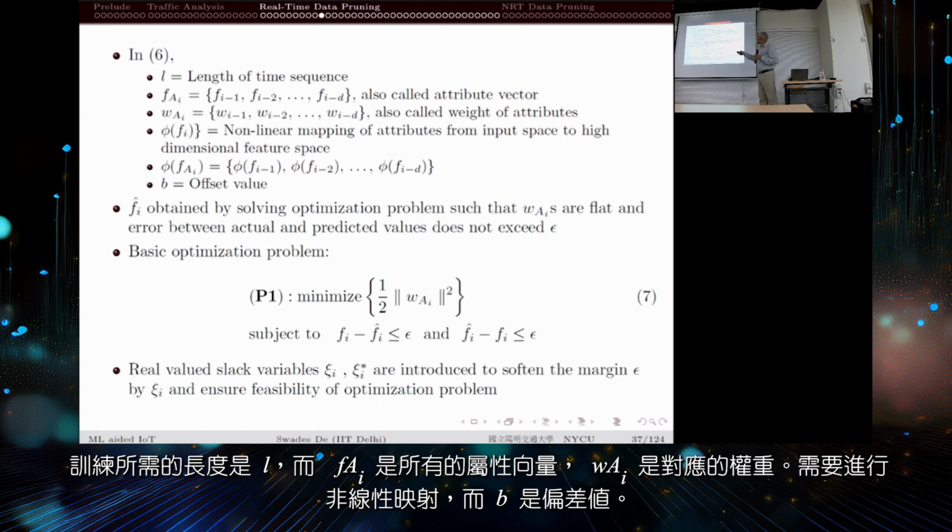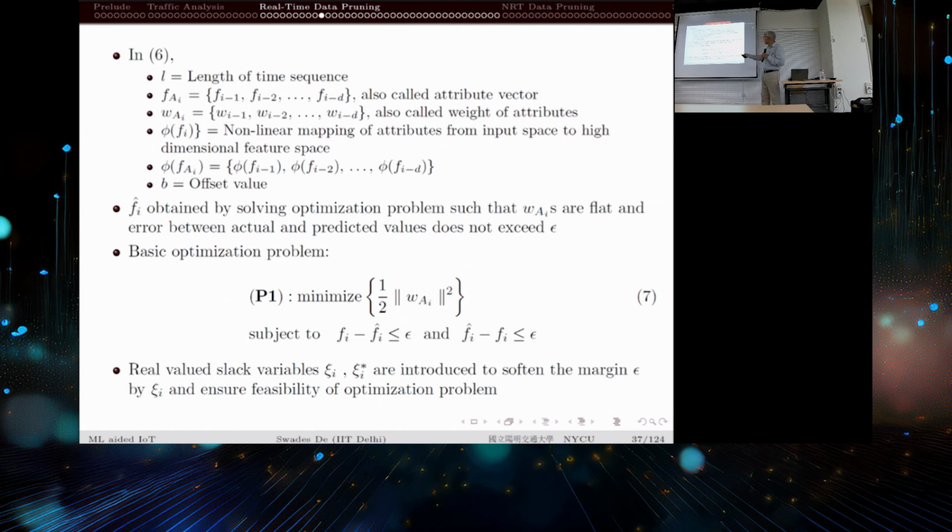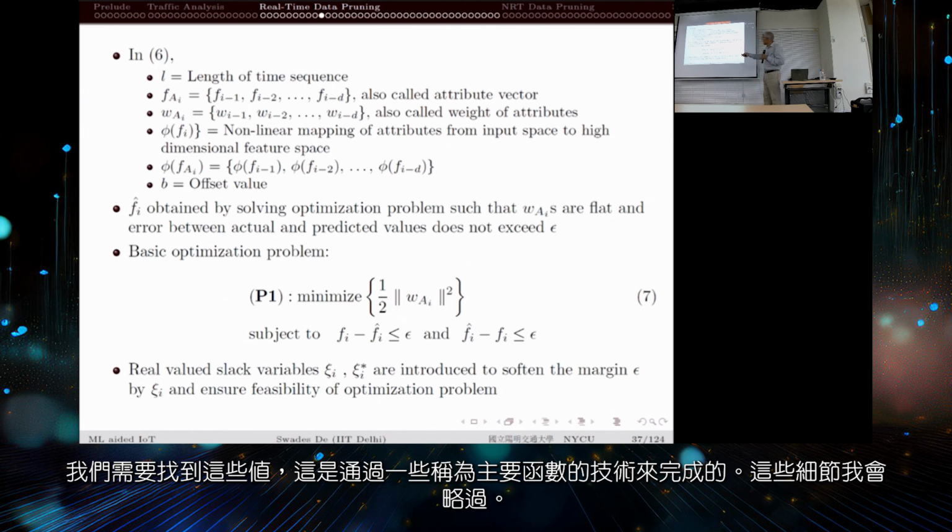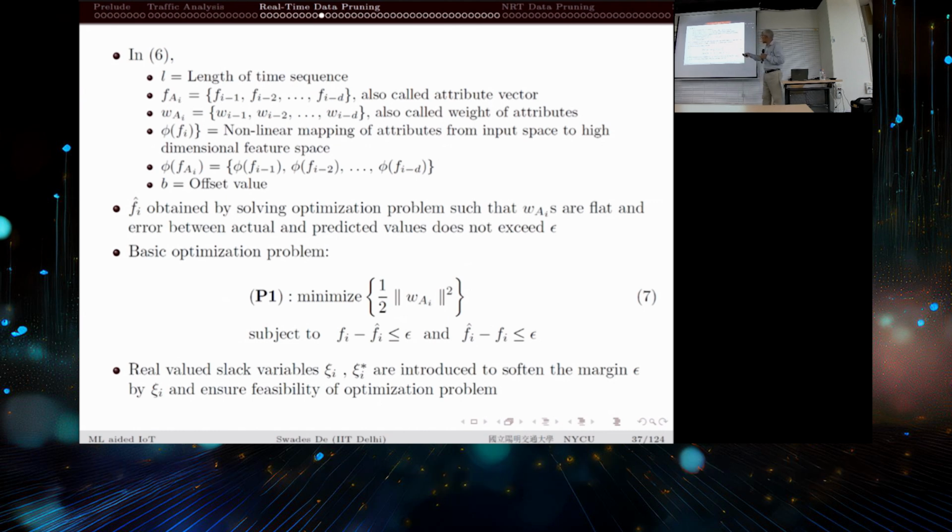So the training length is required, and the Fi's are called the attribute vectors, and the wi's are the corresponding weights. There is a nonlinear mapping happening, and B is the offset value. We need to find these values. This is done using a technique called the kernel function. These details I will skip.